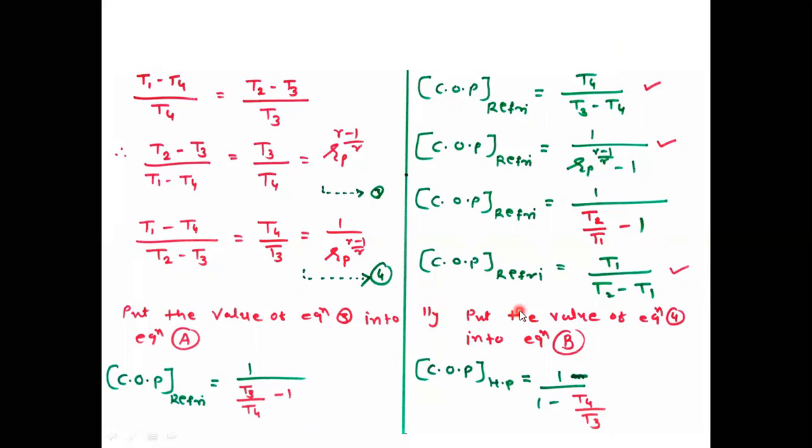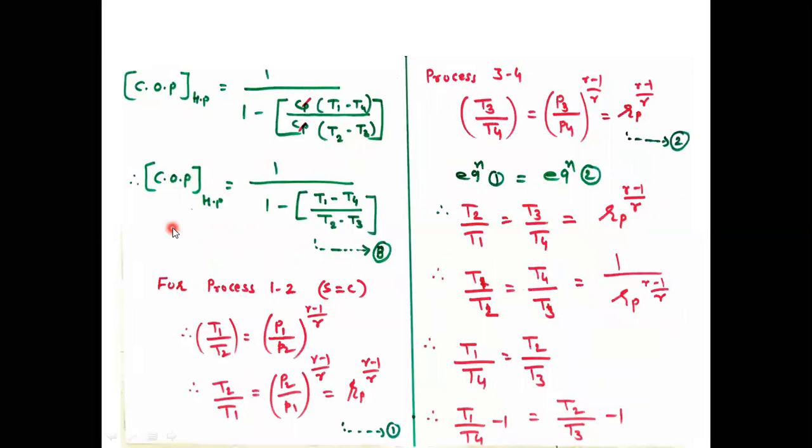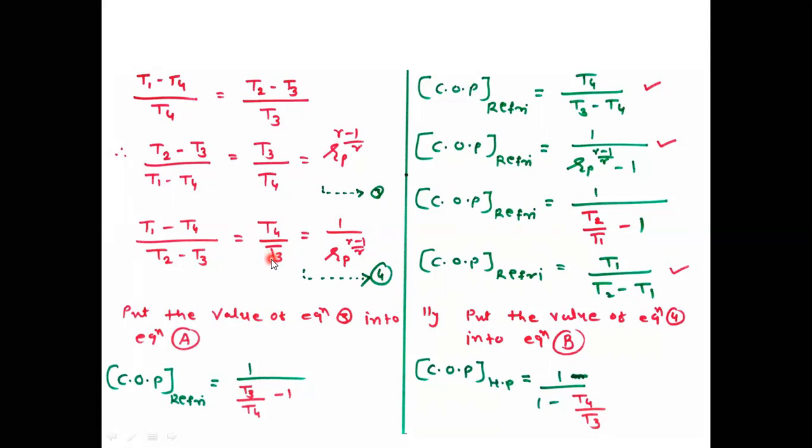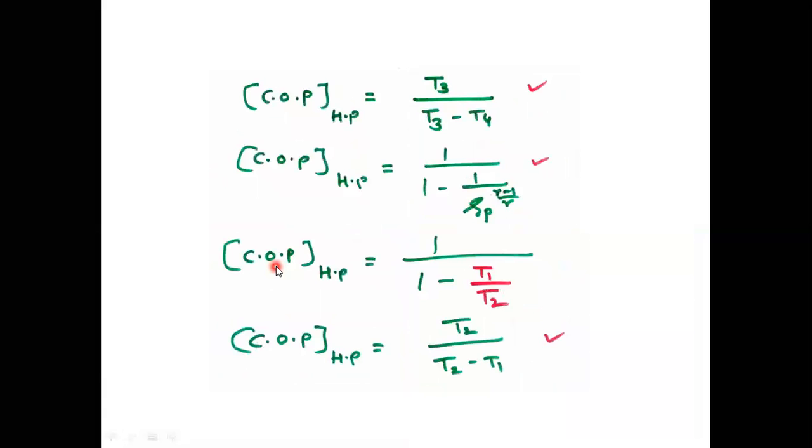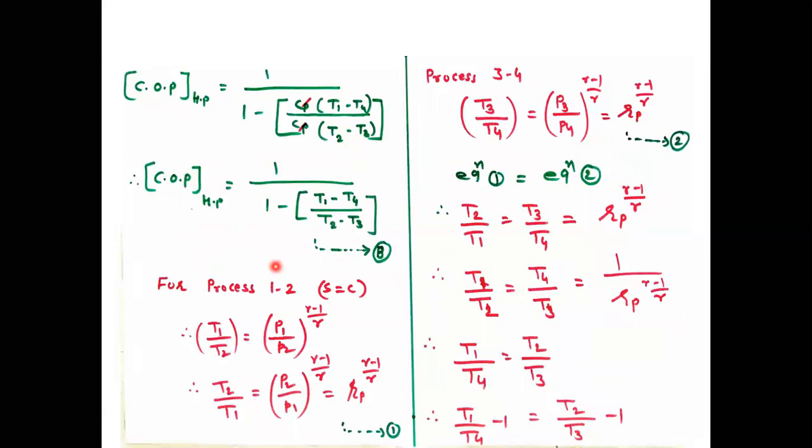Similarly, put the value of equation 4 into equation B. You can see this portion in equation B. So instead of this portion, you can write either T4 by T3 or 1 upon Rp raised to (gamma minus 1) upon gamma, or T1 by T2.